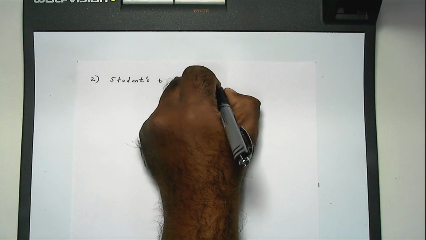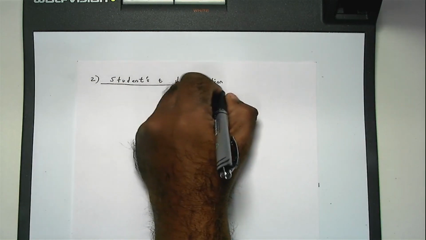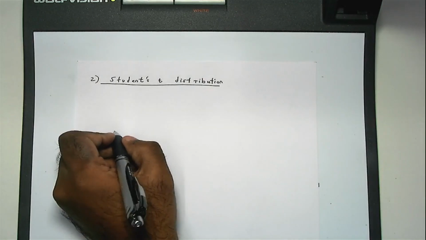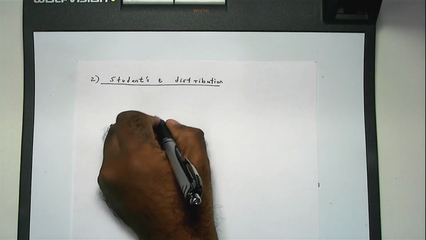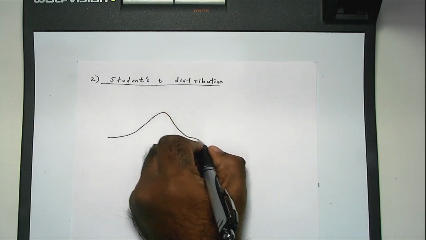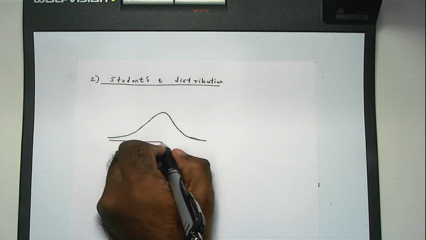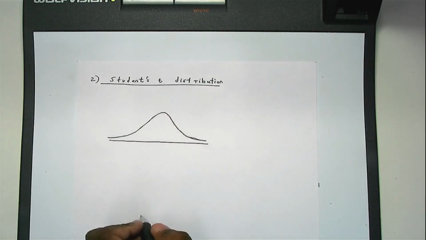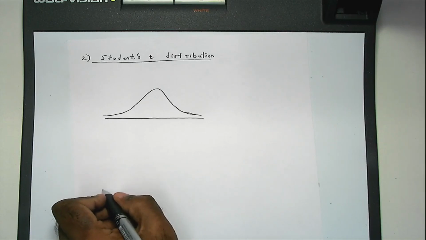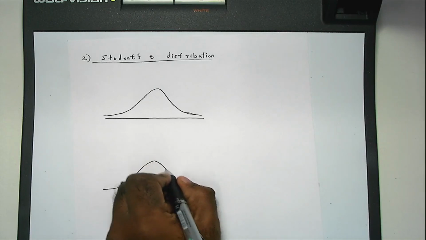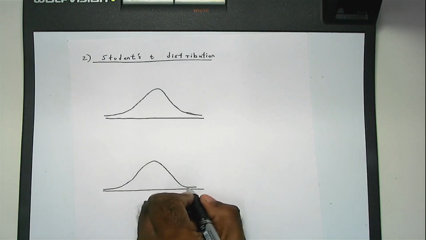Okay, so let me just give me a couple of minutes to draw some pictures. So suppose this is the density of those students t. So let me draw the axis.